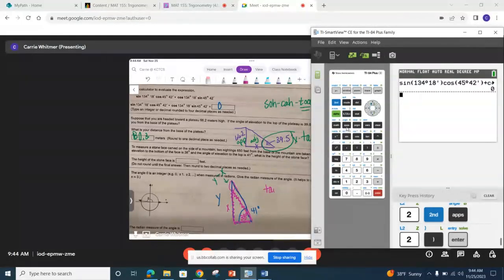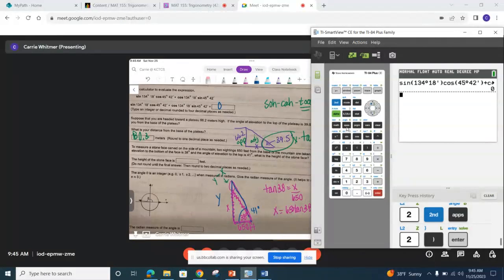The tangent of 38 equals, oh, and I forgot to name, this was 650 feet. Okay, so tangent of 38 equals x over 650. So x will be 650 tangent 38.